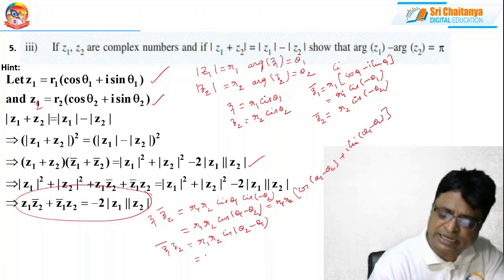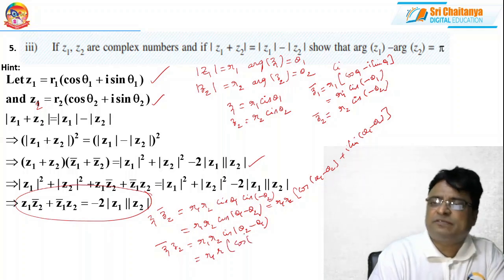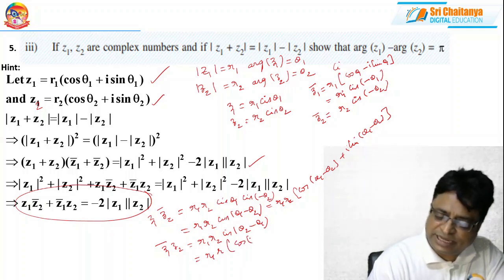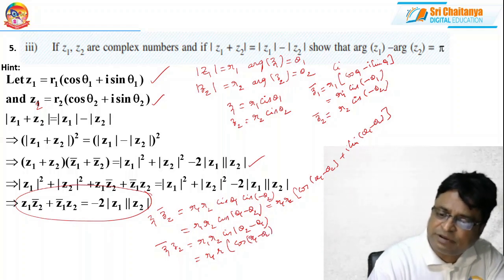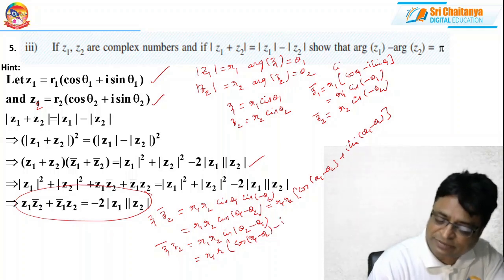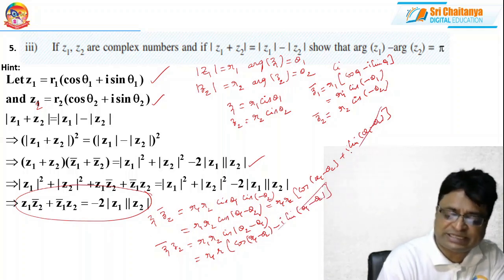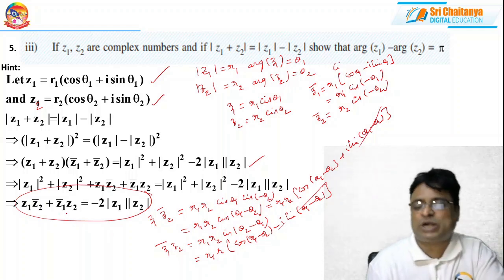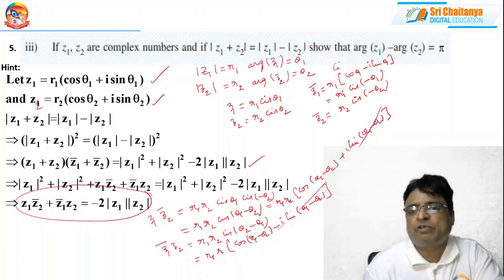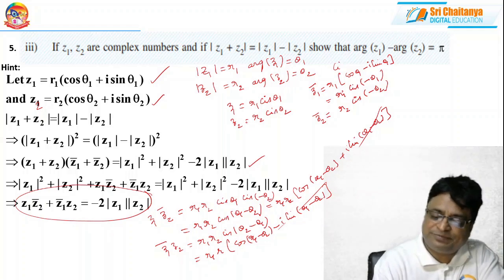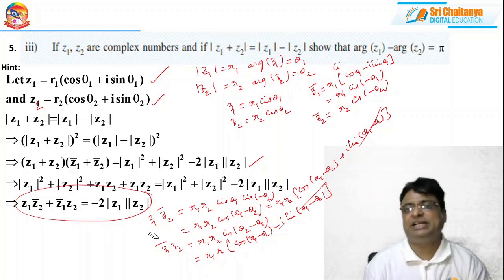Whereas this I can write as r1 r2 cos of theta 1 minus theta 2, because cos of minus theta is equal to cos theta, plus i into sine of theta 2 minus theta 1, so this is minus i into sine of theta 1 minus theta 2. By adding these two, this term and this term get cancelled, and you get 2 r1 r2 cos of theta 1 minus theta 2. That is important. That is the hidden step behind that.